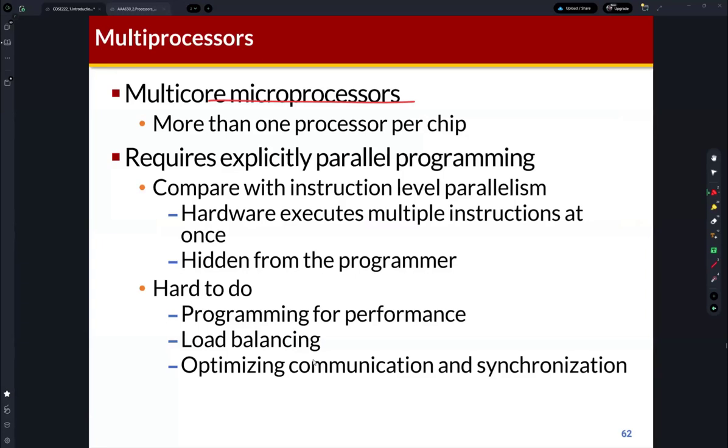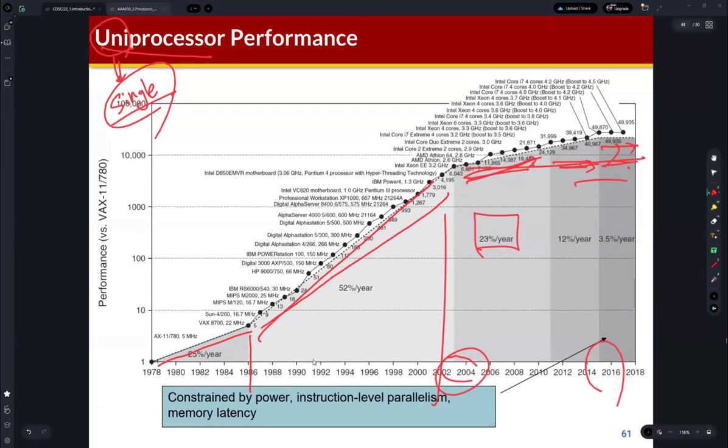Even my smartphone CPU has multiple cores, and it is because of power consumption. At this point, the frequency is saturated, and the CPU vendors include multiple cores in a chip. By doing this, they try to increase the performance of a CPU.